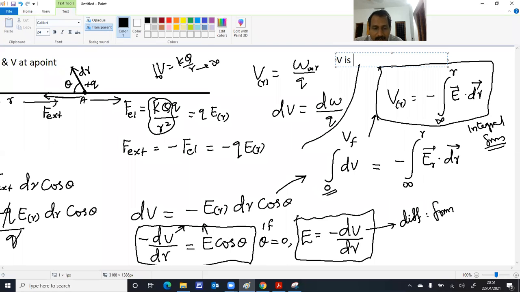V is the negative line integral of E. Electric potential is the negative line integral of E from infinity to that point.